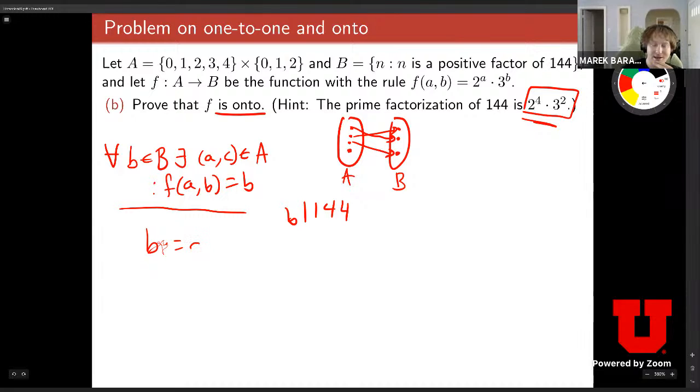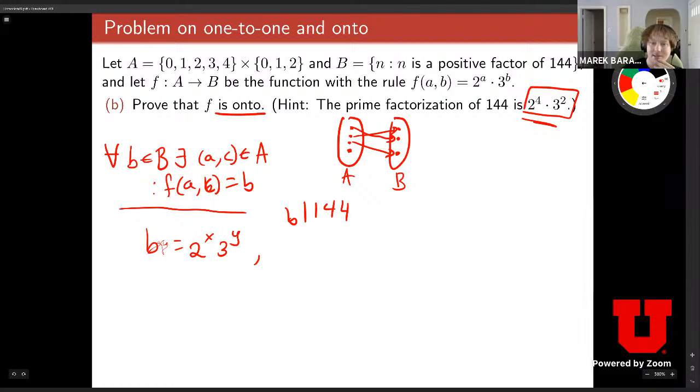So we can write every element b as 2 to the x and 3 to the y, right?